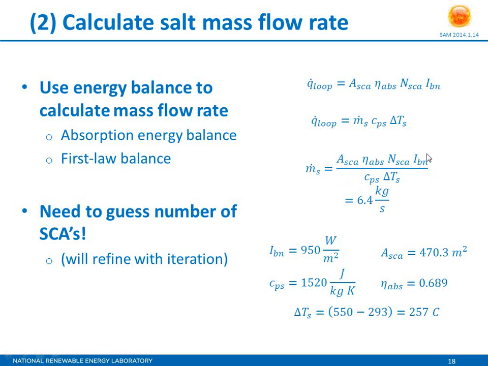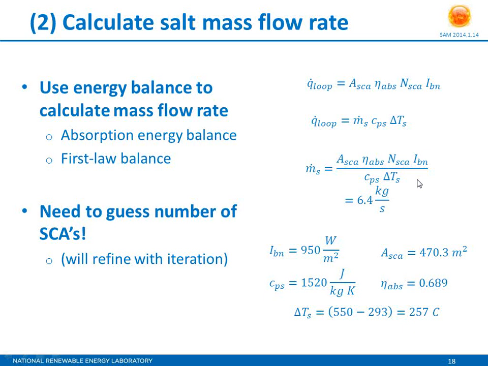So if we do that, that becomes this equation here. And that salt flow rate ends up, in this case, being 6.4 kilograms per second. Now that compares with oil, which was somewhat higher, around 10 previously. One thing that this requires, though, is that initial guess of what the loop looks like.